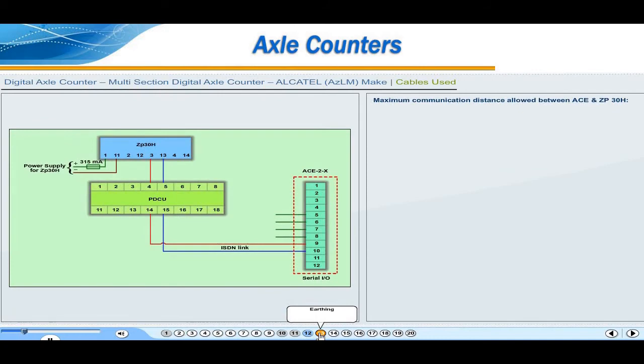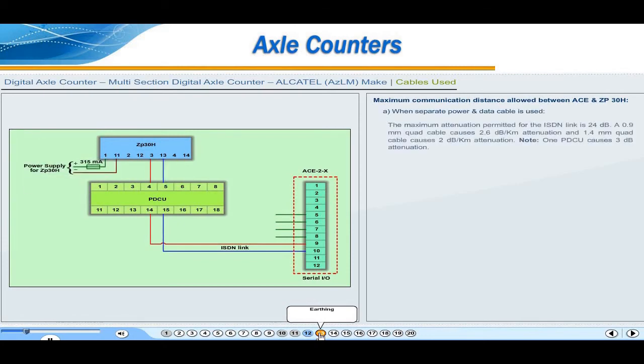Maximum communication distance allowed between ACE and EZP30H. When separate power and data cable is used, the maximum attenuation permitted for the ISDN link is 24 decibel. A 0.9 mm quad cable causes 2.6 decibel per kilometer attenuation and 1.4 mm quad cable causes 2 decibel per kilometer attenuation.